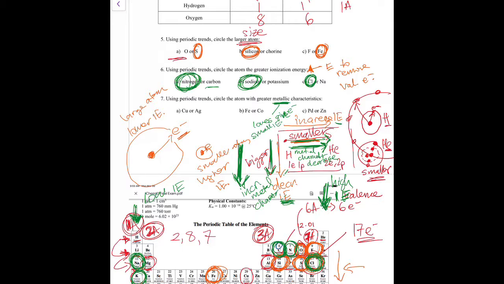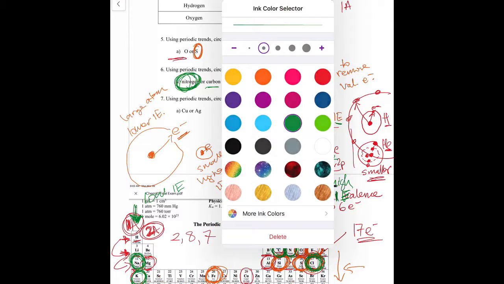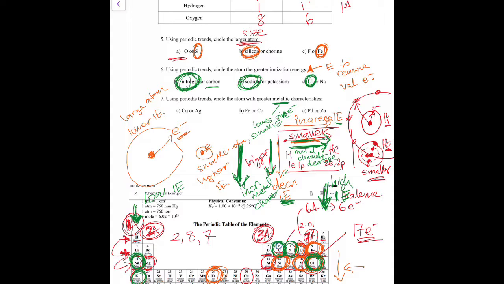Yeah. Copper, let's use a different color. Copper is here versus carbon. Carbon is here. Which one's more metallic? Copper is lower and more to the left, so copper is more metallic.